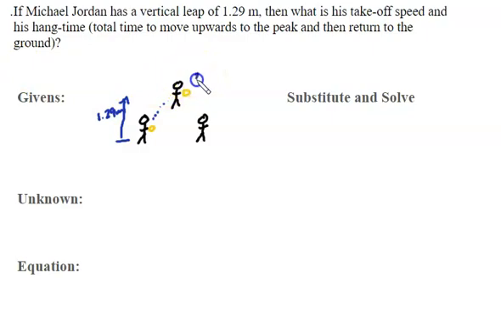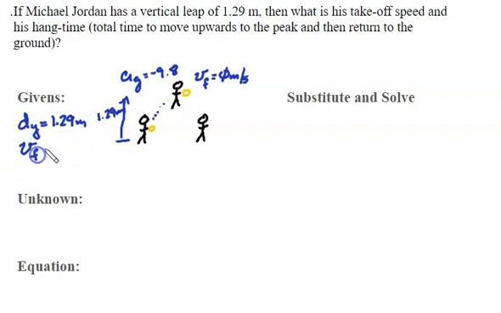We know that his velocity final at this point is 0 meters per second. And we know that the acceleration due to gravity is negative 9.8. So given these things, displacement in the y equals 1.29 meters.